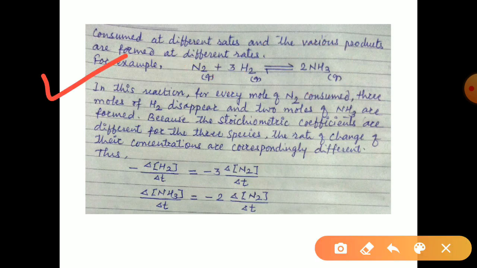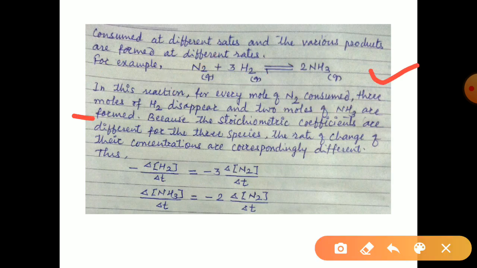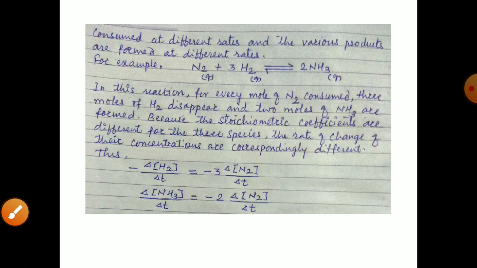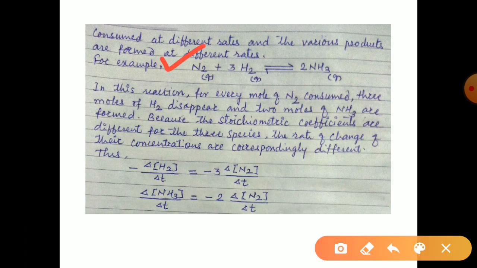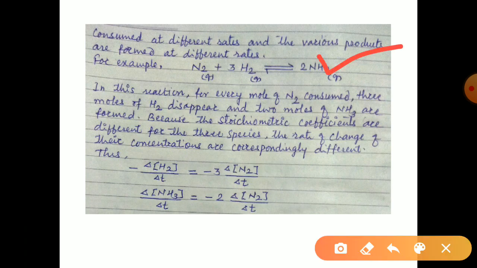In this reaction, for every mole of N2 consumed, 3 moles of H2 disappear. So for every mole of N2, 3 moles of H2 disappear and 2 moles of NH3 are formed.